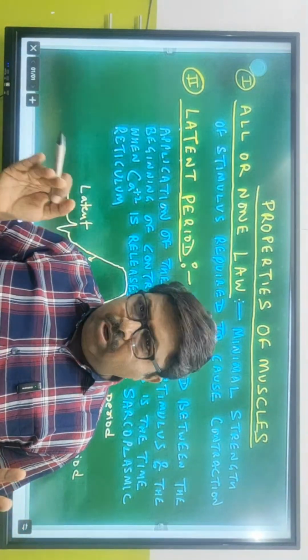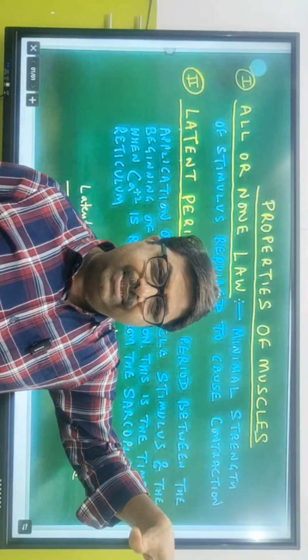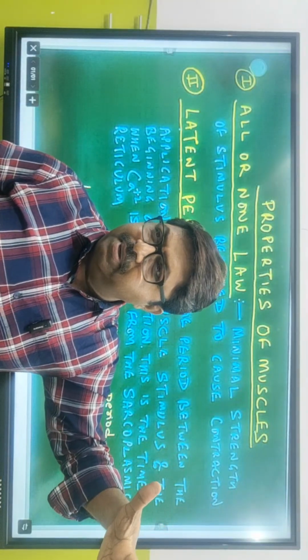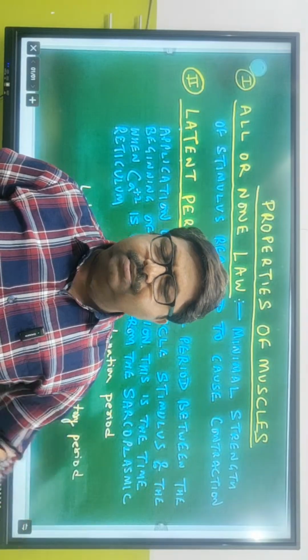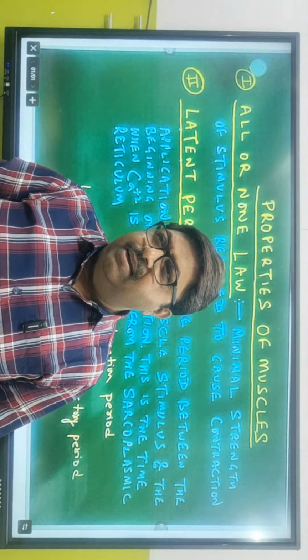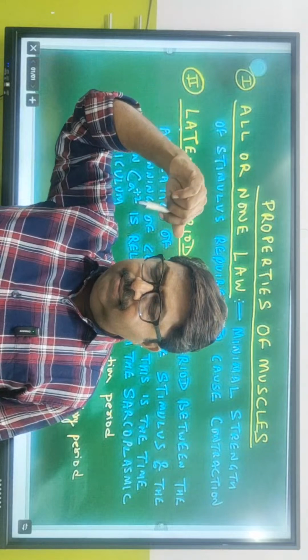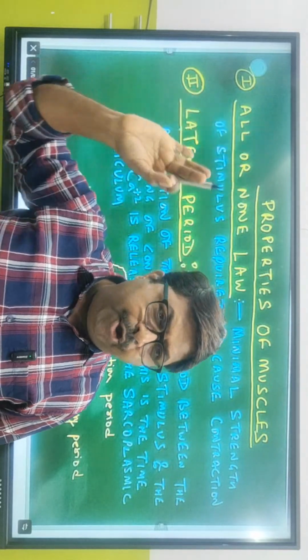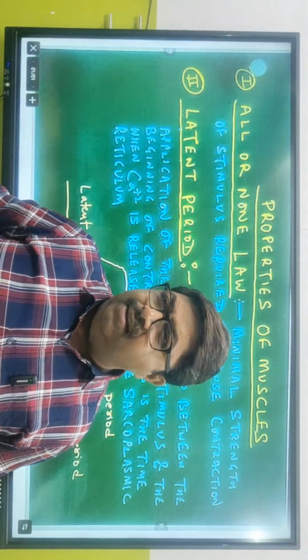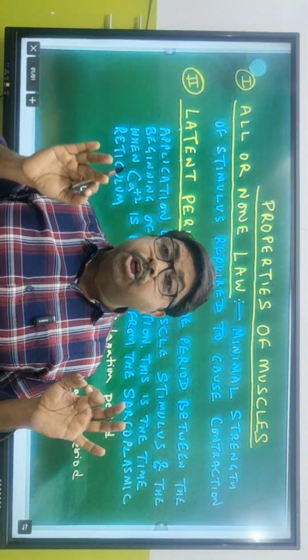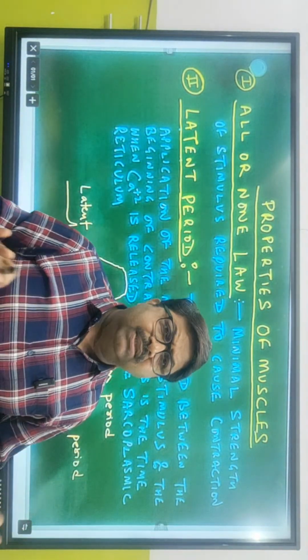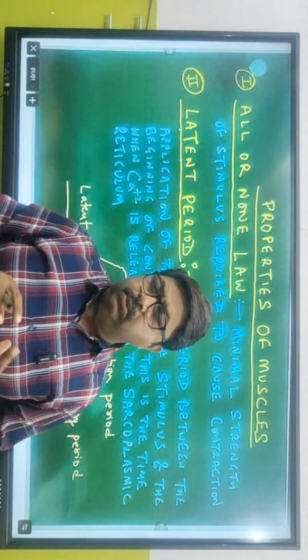अगर पास करोगे तो पूरा पास करोगे, ऐसा होगा कि सर आधे खोए नहीं, 50-50 सर, ऐसा होगा नहीं. मेडिकल में चांस मिलेगा या नहीं मिलेगा. All or none law, either all or none. If a muscle gets a threshold stimulus, the muscle is going to show its contraction.